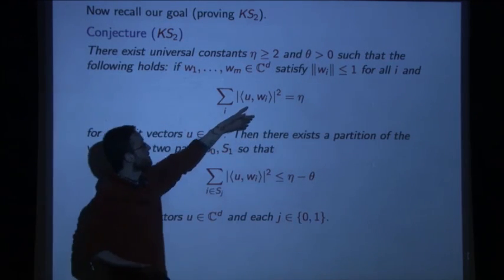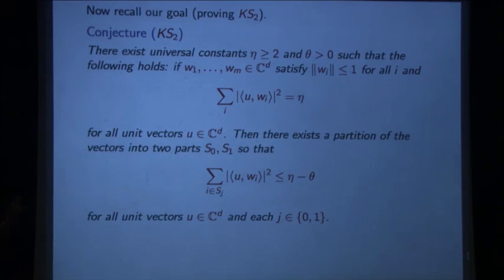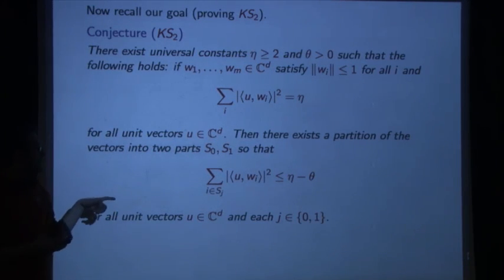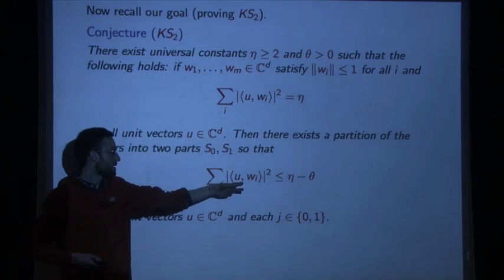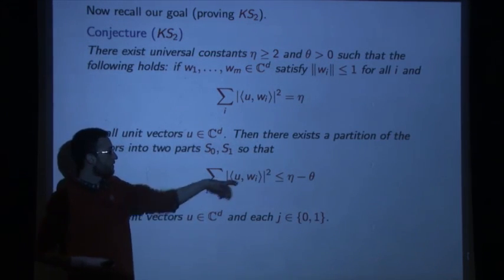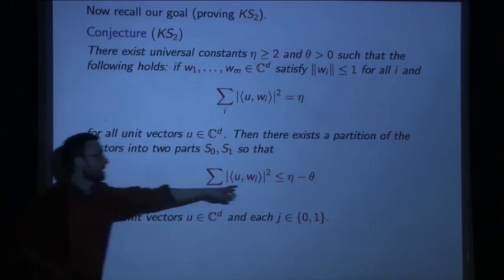That essentially means that the sum over the wi outer products is the identity times eta for all unit vectors. Then there exists a partition of the vectors into two parts, S0, S1, so that this, which is essentially the norm of the largest eigenvalue of the sum of the outer products in each set, is bounded away from eta by theta.